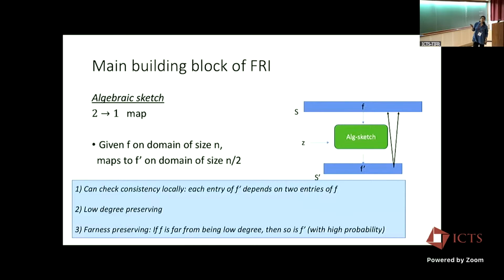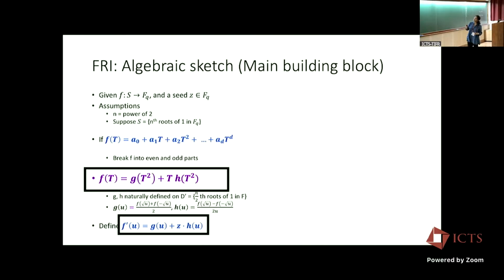If f is far, we'll show that f prime must be far. And so once you can get such a map with this locality property, where we can reduce testing closeness to low degreeness of f to testing low degreeness of f prime, one can iterate this to get a protocol for efficiently checking low degreeness of f. So let me describe what this 2-to-1 map is, very quickly.